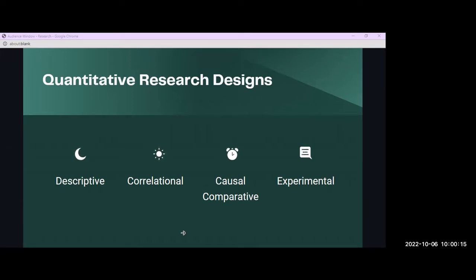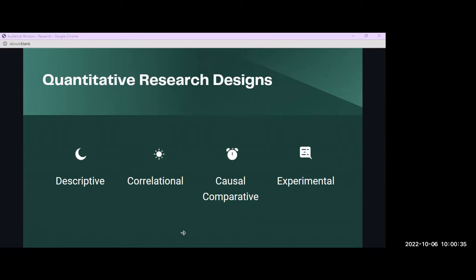So that is the true experimental design. There is a random selection on the exposure, whether the participants or subjects will be subject to treatment or to the control group. So in a causal comparative, it is not like that.